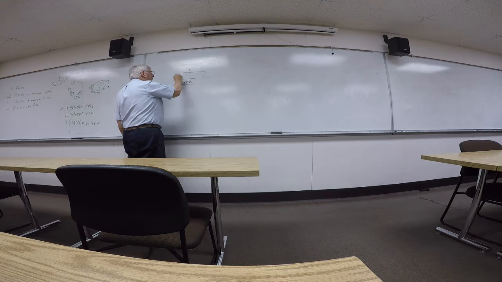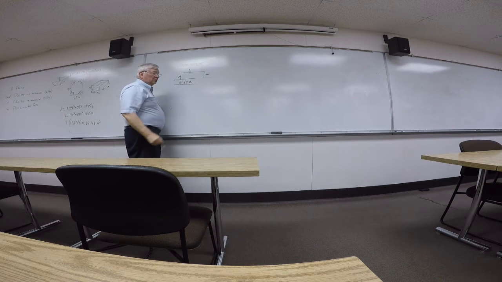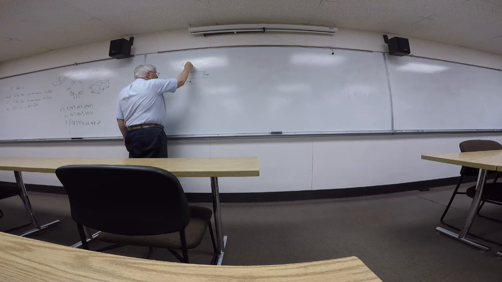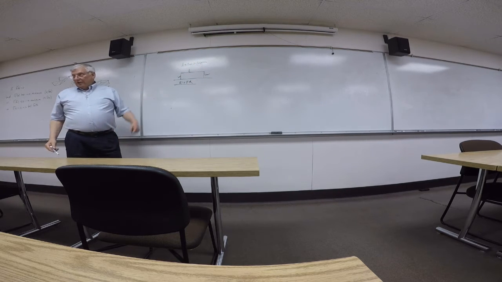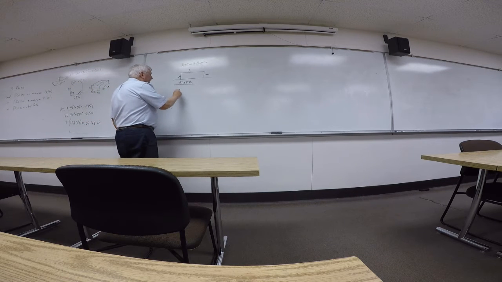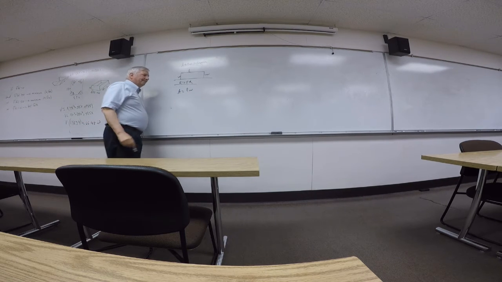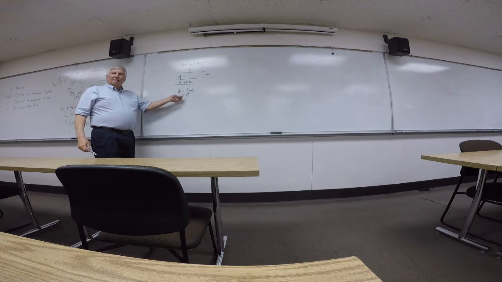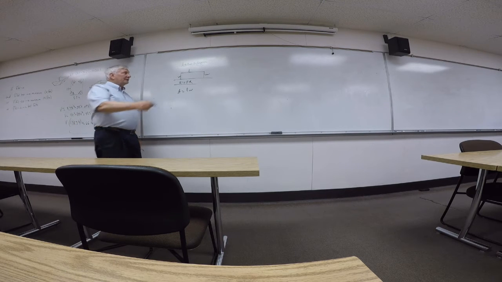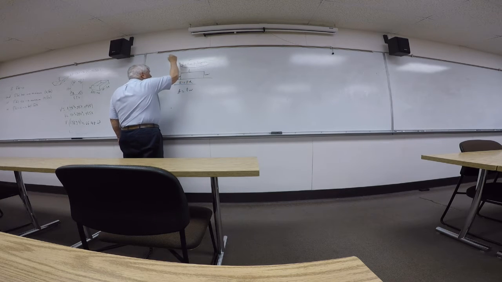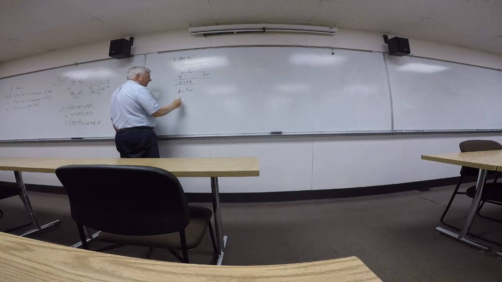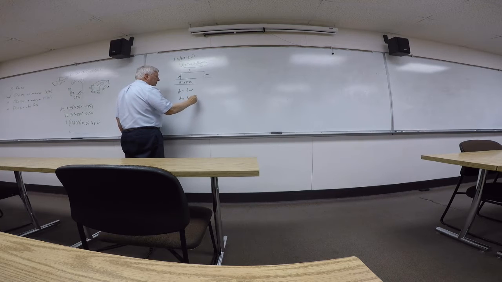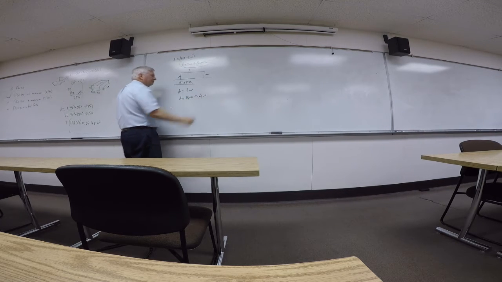Length plus 2 times width is 800 meters. And the area that this encloses is length times width. Well, that has 2 variables. So we go up to this equation and say, hey, look, I can say the length is equal to 800 minus 2w. So let's put that down here. Area is equal to 800 minus 2w times w.